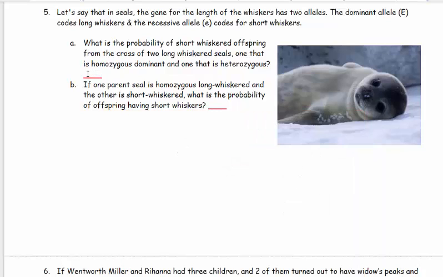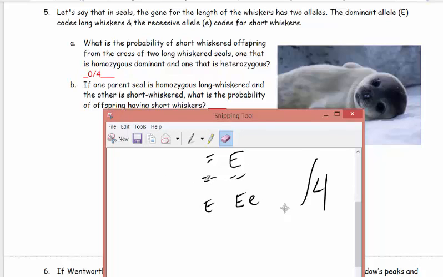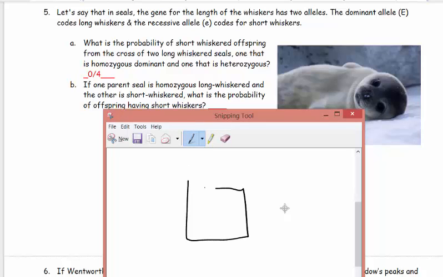So that's what I would type in for letter A here, 0 out of 4. Okay, and then we'll try to do something similar for the next one. The next one talks about crossing a homozygous long whisker, which is going to be big E big E. Homozygous, remember, is the same, long as the dominant one here, so we're going to go big E big E.